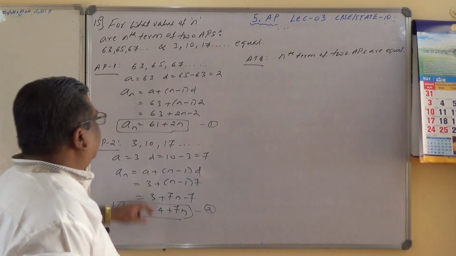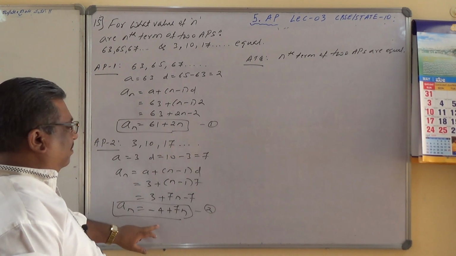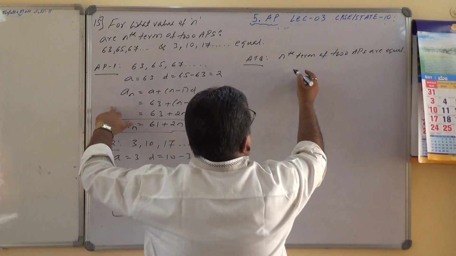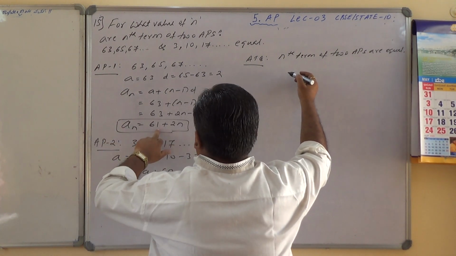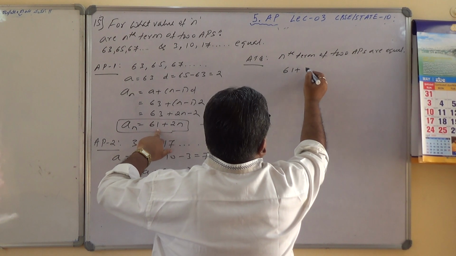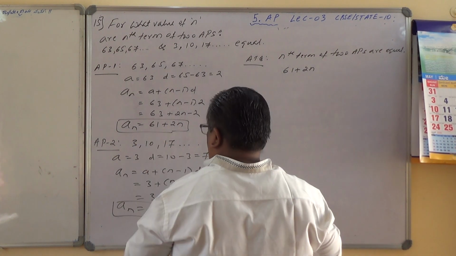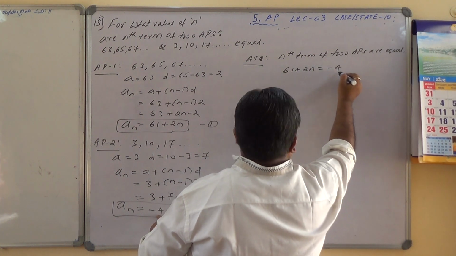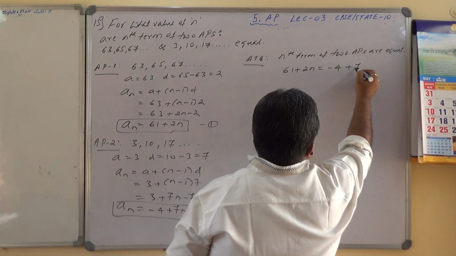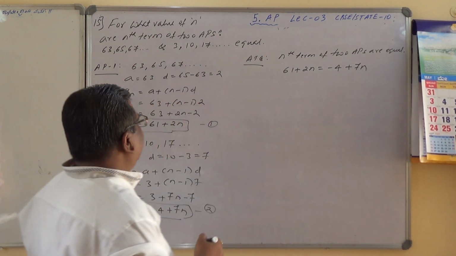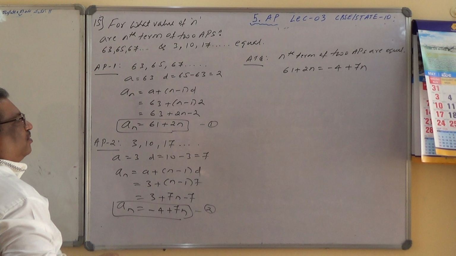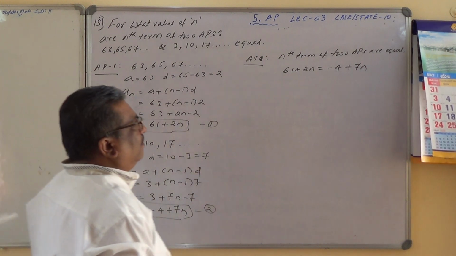That means I will put 61 plus 2n equals minus 4 plus 7n. You can make it like this also. This can be capital A and this can be a small a. That way also you can do it, but it's okay, no problem.